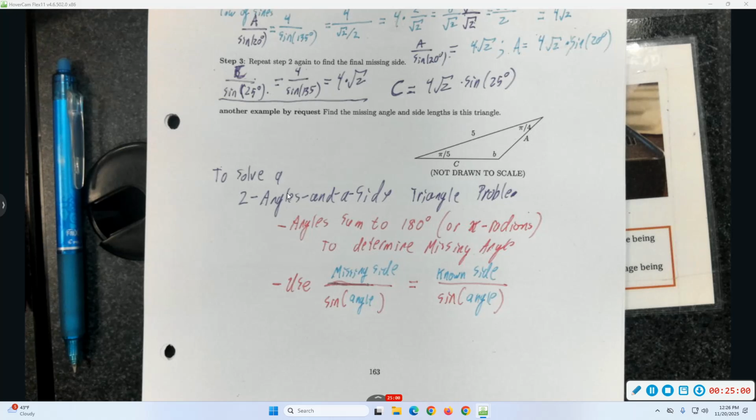You can use that and solve for the missing side. You know all the angles. That feel like a reasonably straightforward application?